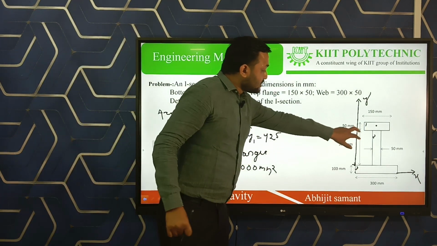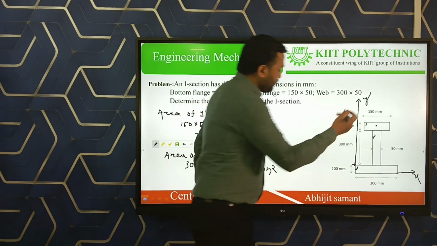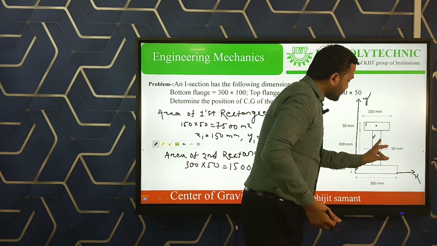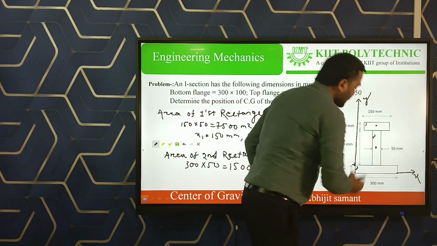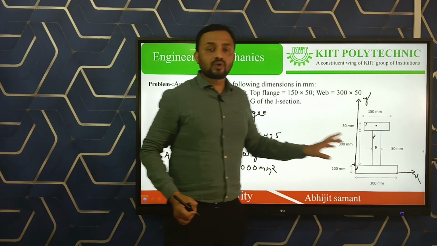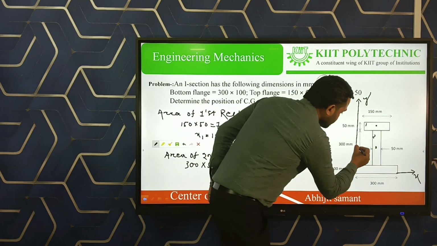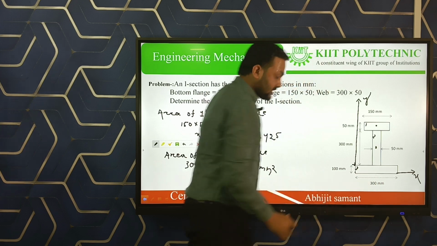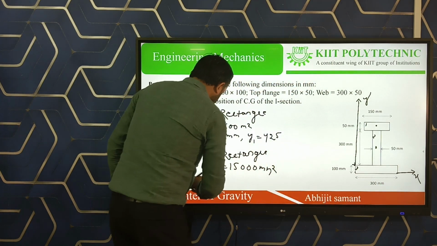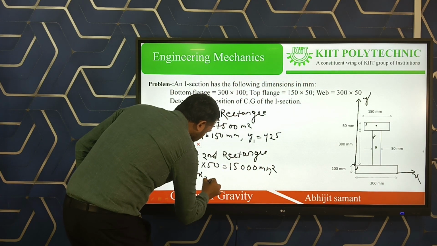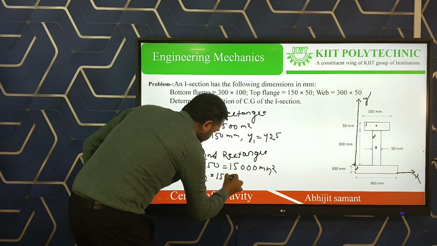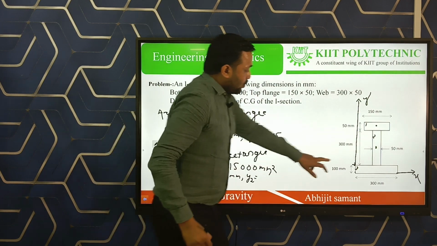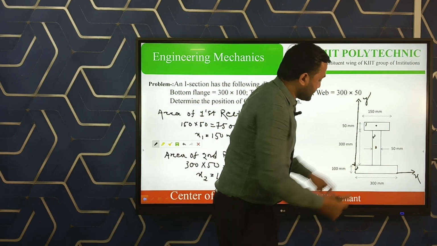Again, we have to find out x2 and y2. When we find x2, it is the distance from the y-axis. The center of gravity of the second rectangle from the y-axis is known as x2. So what is the distance? This distance is half of the 300 mm, that is 150 mm. So x2 is equal to 150 mm, and y2 is the distance from the x-axis.